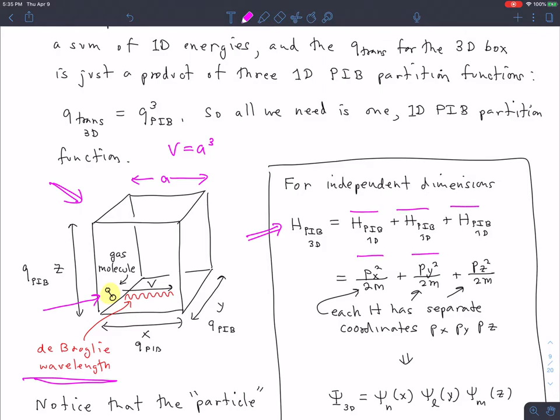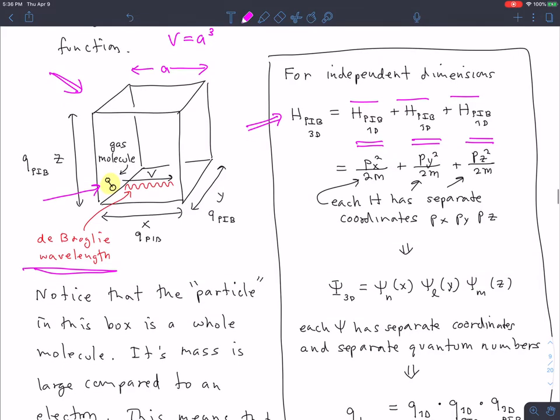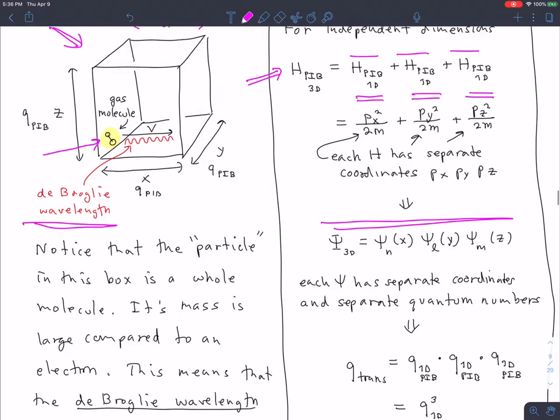All right, if we write down the quantum Hamiltonian for a particle in a box, right away you'll see, here it is down here, that it breaks into three parts, one for each dimension in its own right. And those three parts are independent. Each one depends only on its own variables, and it's a sum of them. And that means that the wave function factors into three different wave functions, one for each dimension.